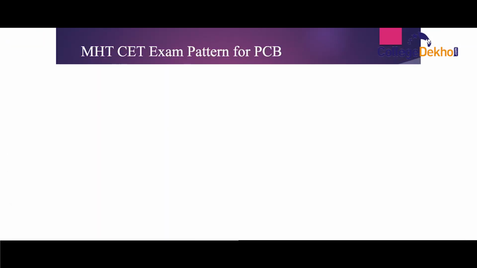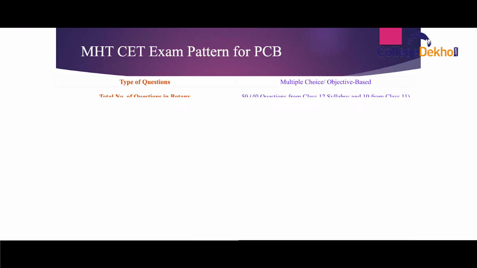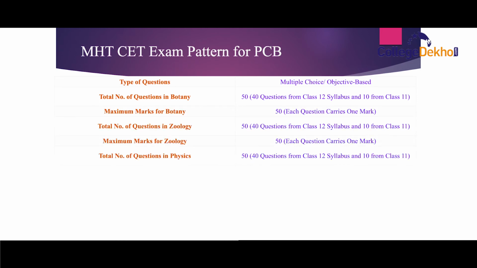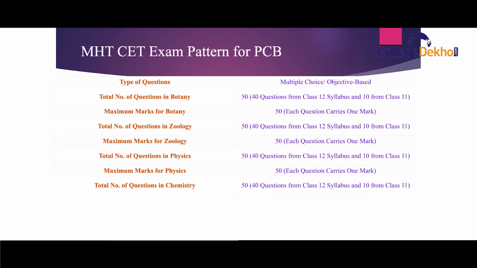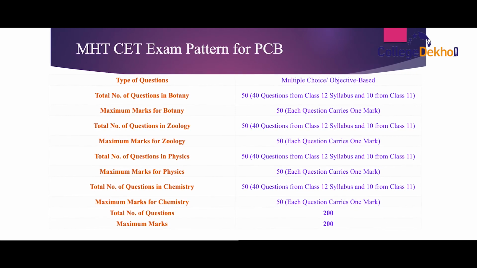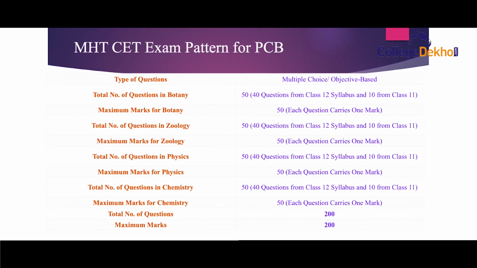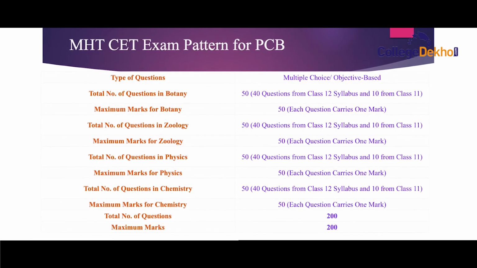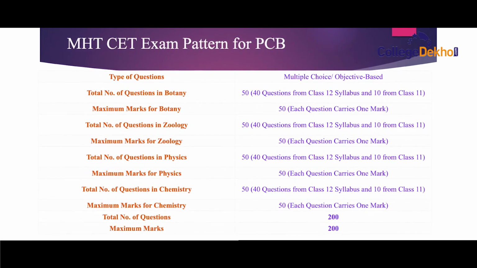Exam pattern for PCB. Let's discuss the PCB exam pattern. The type of questions is multiple choice questions. From botany, you will have 50 questions: 40 questions from the class 12 syllabus and 10 questions from the class 11 syllabus, and each question carries 1 mark. Botany is for 50 marks and zoology is for 50 marks, with 50 questions and each question carrying 1 mark.